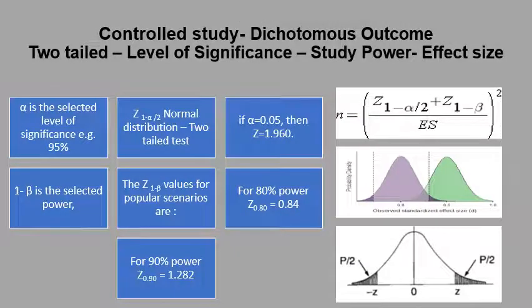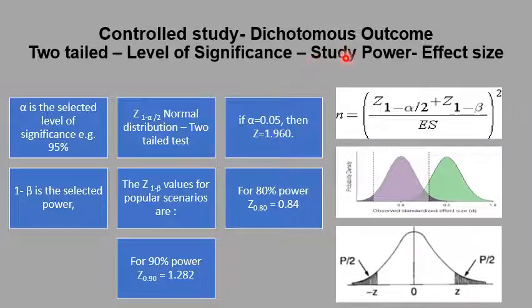So first, we need to set up these parameters before we start the study in order to estimate the appropriate sample size. By far, most clinical trials and studies now use a two-tailed model, unless you have very good reasons to take a one-tailed model. The level of significance is again by far 95%, that is to say the p-value is equal to or less than 5%, and the z-score for this is 1.96.